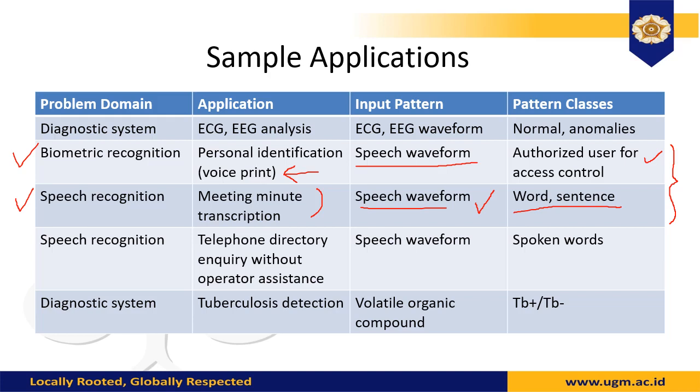Now, the last example is speech recognition also, but applied to a different area. Now the speech recognition is applied to a telephone directory. So we could ask the telephone directory something by voice.